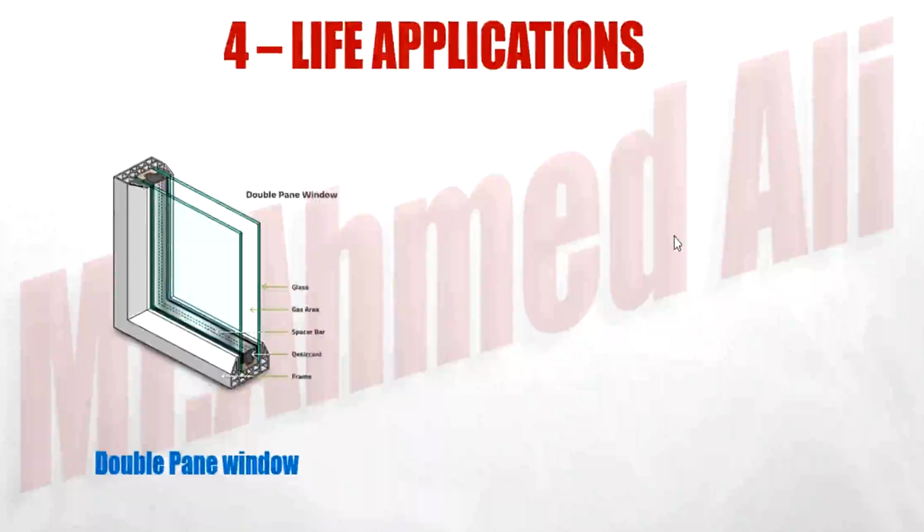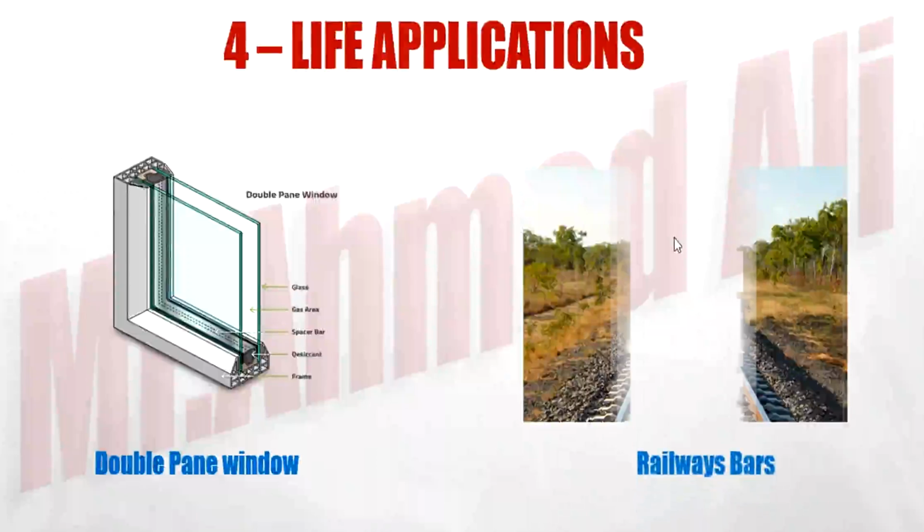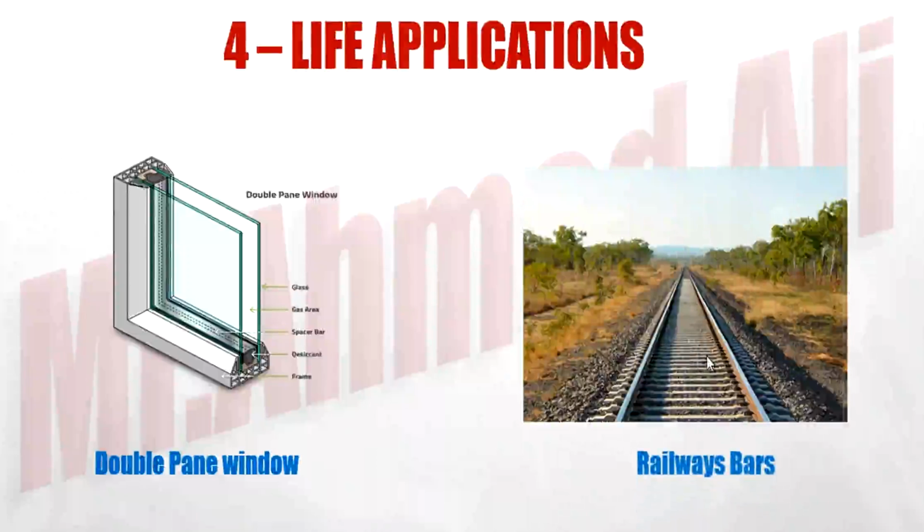Second application, railway bars. We find spaces between two railway bars to prevent them from expanding and twisting, which prevents accidents.